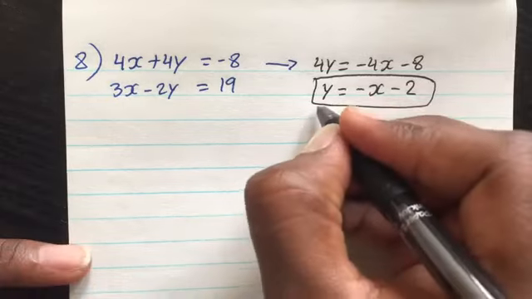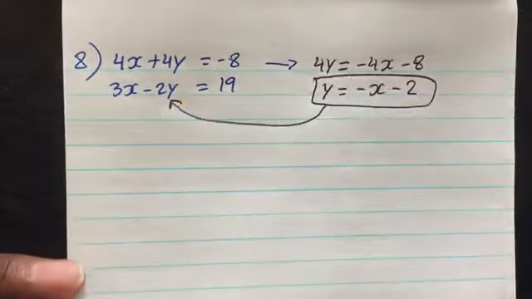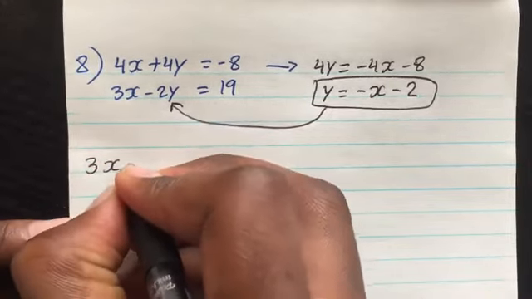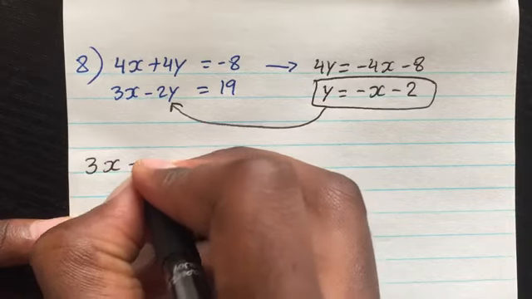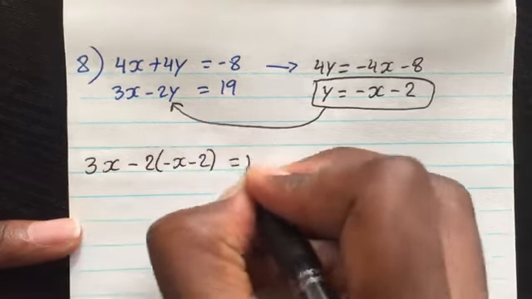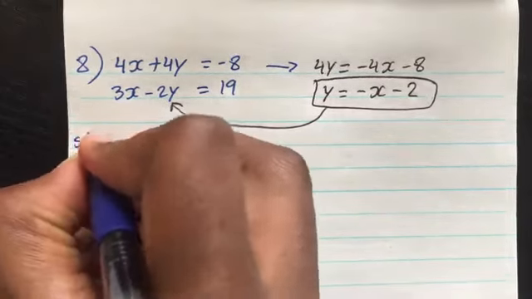So you take this result and substitute into the second equation. That would give you 3x minus 2 times your y equals 19, and this is our step 2.